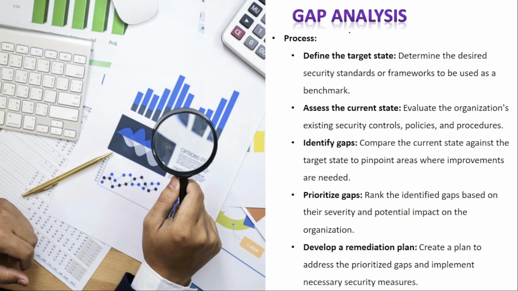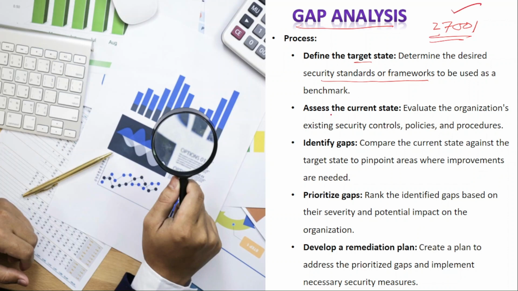So what is the process? How to conduct a gap analysis? First, define the target state. Determine the desired security standard or framework to be used as a benchmark. Let's suppose, for example, you want your organization to be compliant with the 27001 standard. Keeping this in mind, you can set your target that your organization should be compliant to this.